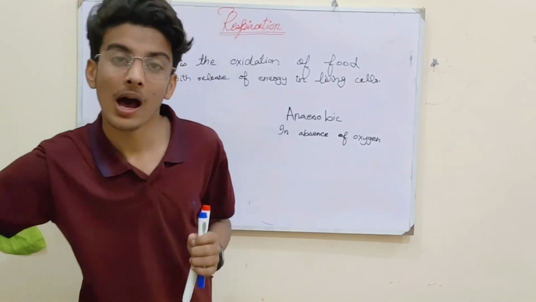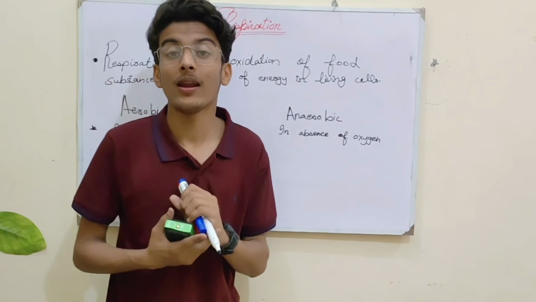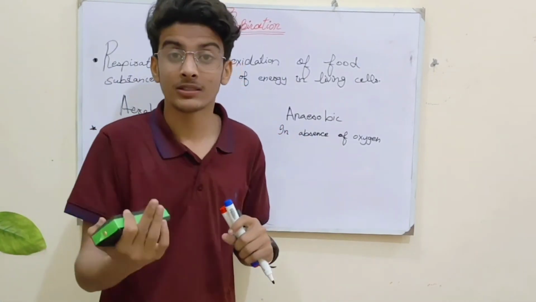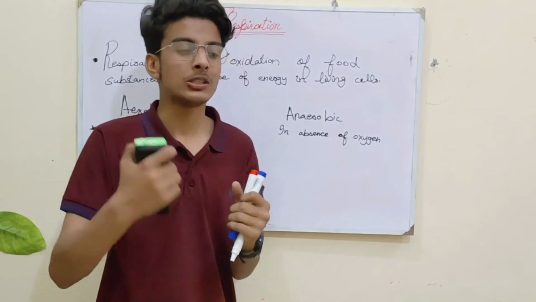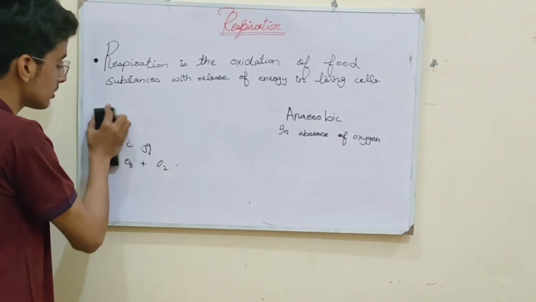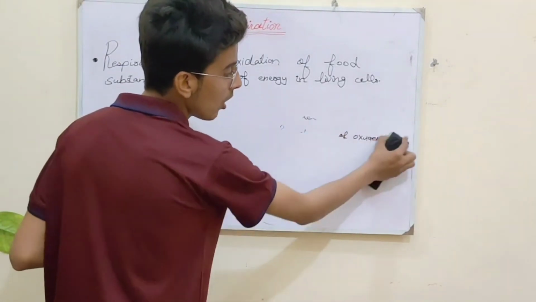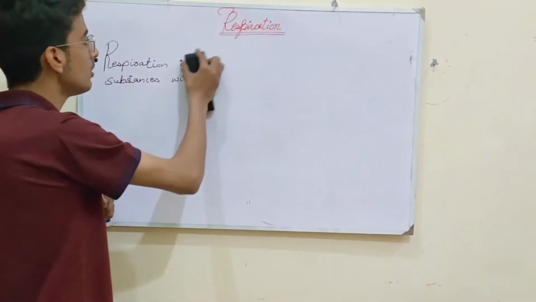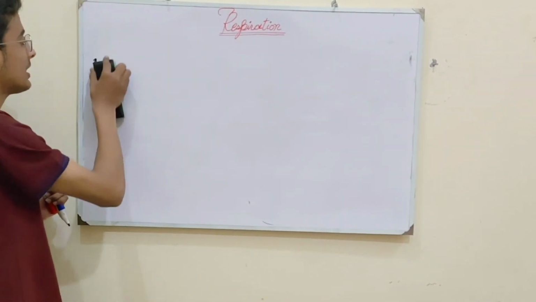Then we learned about two types of anaerobic respiration: in yeast and in tissue. In yeast, anaerobic respiration results in the formation of ethanol, and in tissue it results in the formation of lactic acid.